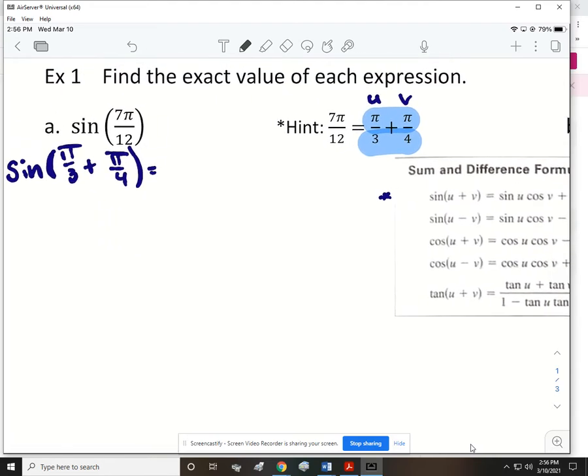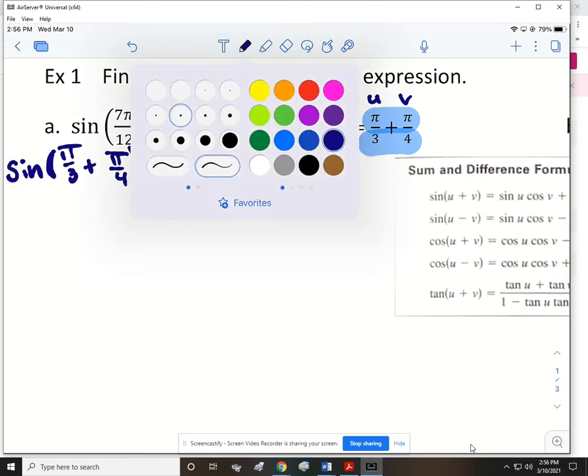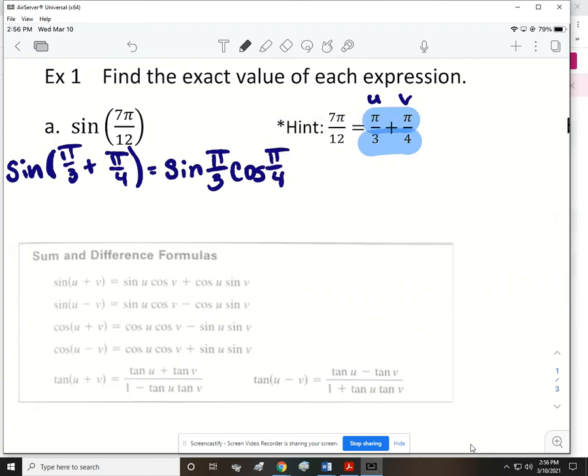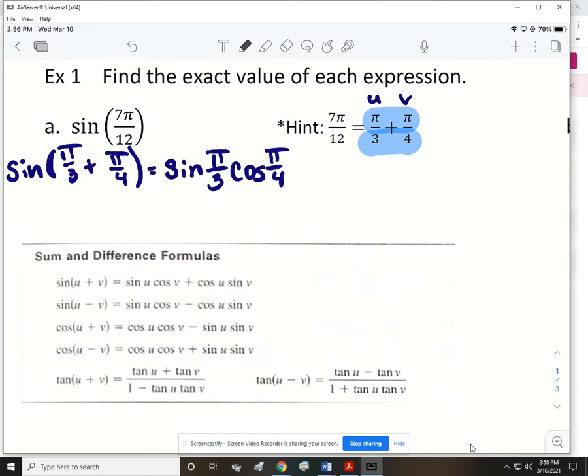So u in this case is pi over 3, and v is pi over 4. So it's going to be sine of pi over 3 cosine of pi over 4. All right. Then to that, we're going to add the cosine of u, sine of v. So cosine of pi over 3, sine of pi over 4.